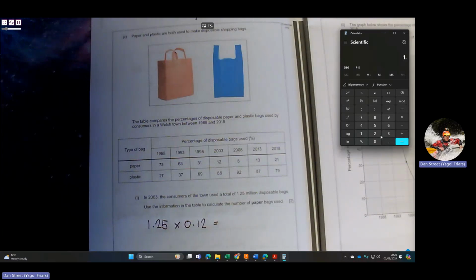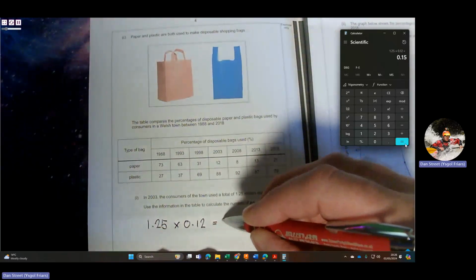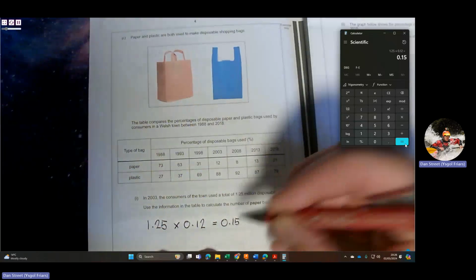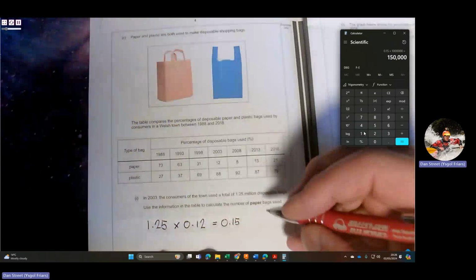So 1.25, we don't need to worry about adding the millions in, times 0.12, and that gives us 0.15 million. Okay, so 0.15 million. So if we just use the calculator as it's here, it gives us 150,000.